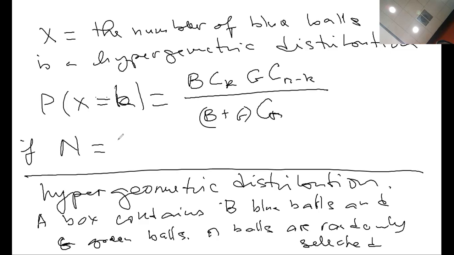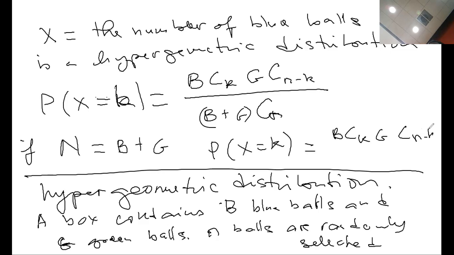So if n equals b plus g, then P of x equals k is b combination k times g combination n minus k divided by n combination.